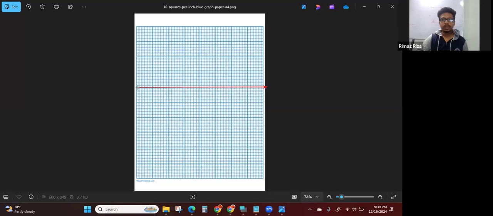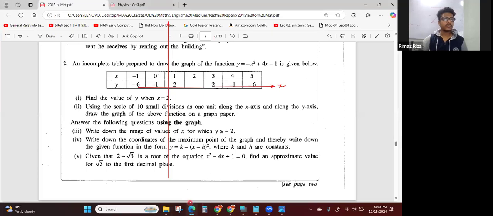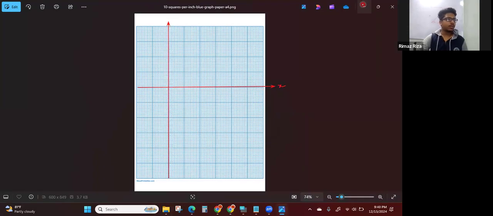So here I take the x-axis, and then the y-axis I have to take somewhere from here, because the reason is here you can find x is -1 to +5. So here 0, -1, 1, 2, 3, 4, 5, 6.